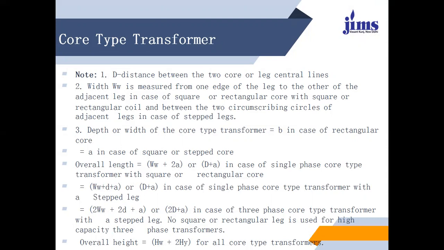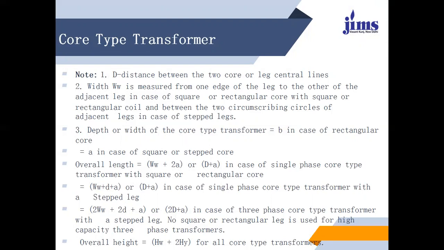Overall length of the transformer will be WW plus twice A, or D plus A, in case of a single phase core type transformer with a square or rectangular core. WW plus D plus A, or capital D plus A, in case of a single phase core type transformer with a stepped leg.